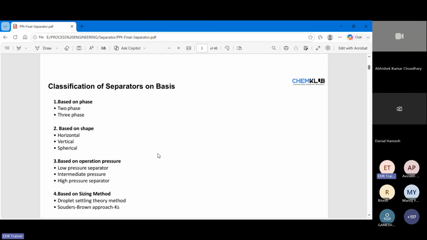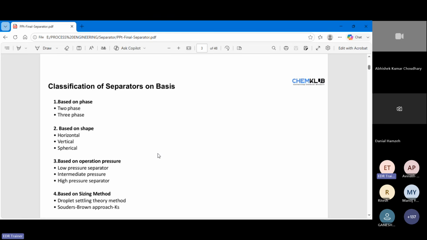Horizontal separators can be vapor-liquid, even liquid-liquid. The same goes for vertical, vapor-liquid and liquid-liquid, and there are spherical ones. Nowadays, spherical ones are generally not used. Mostly vertical and horizontal separators are used. Where to use vertical and horizontal, and what criteria apply, we will see in a later slide.